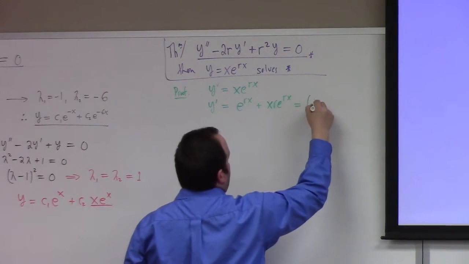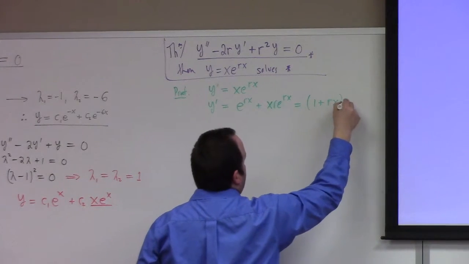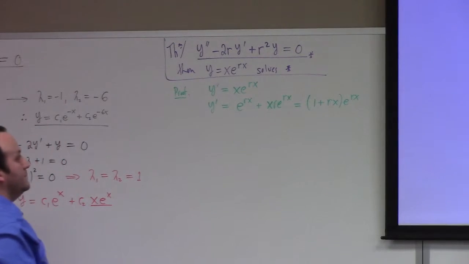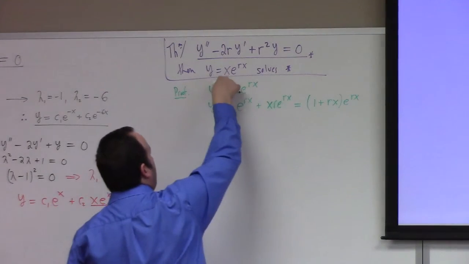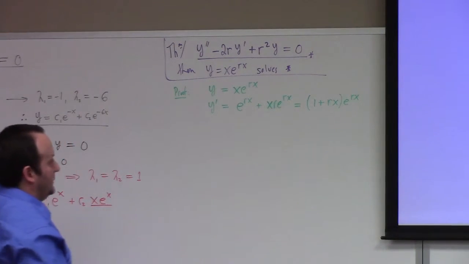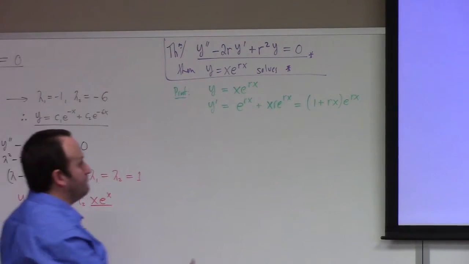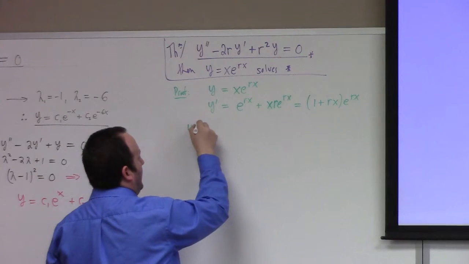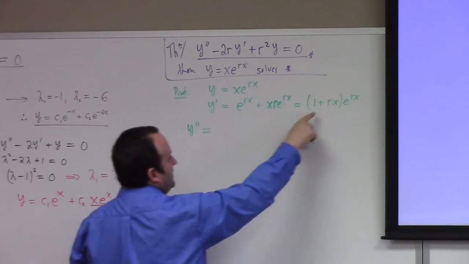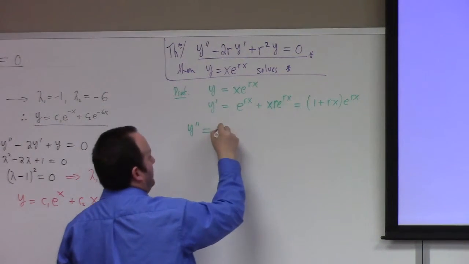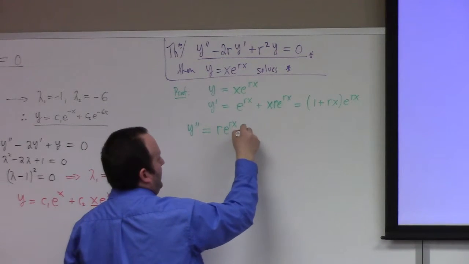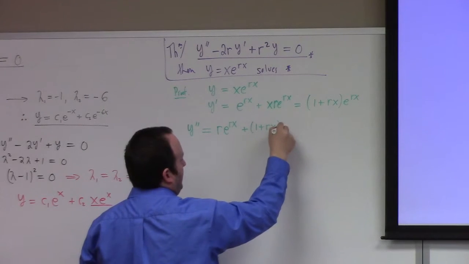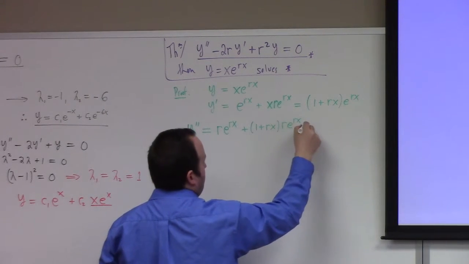So this is (1 + rx) e^(rx). That's y'. Differentiate again, I have to do the product rule. Now y'' is, differentiate the first factor, I get r, and then plus (1 + rx) times r e^(rx).